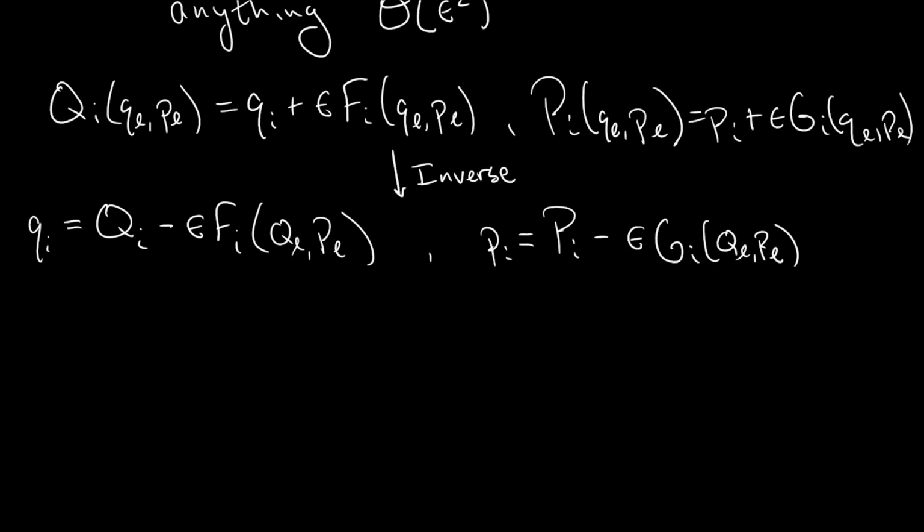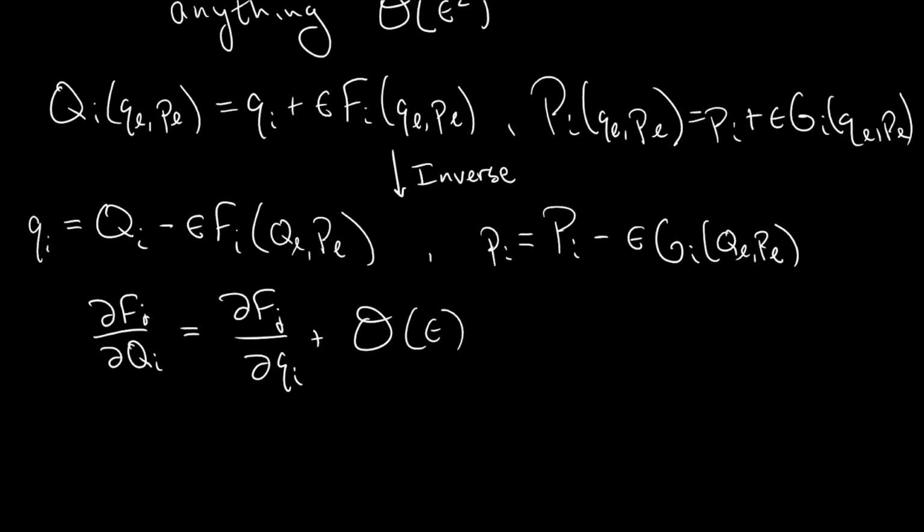There is one final note, and it's along these lines. In particular, if I have something like df dq sub I, this is going to be equal to df d little q plus, again, order epsilon terms.